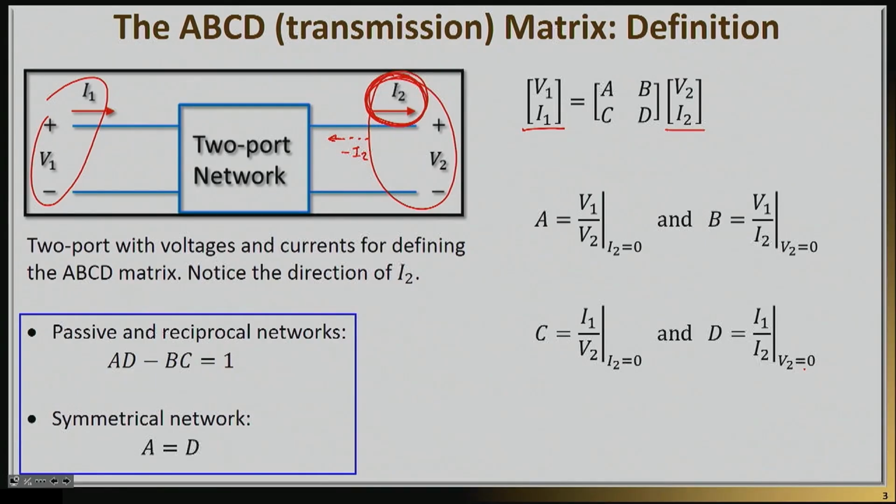And that's the only thing you have to pay attention to compared, for example, to any Z or Y matrix that you may see out there. Other than that, the calculation of the ABCD matrix flows in a very similar way to any other matrix, as shown in these equations. And there are specific attributes that you can find out, which we're not going to prove in this class.